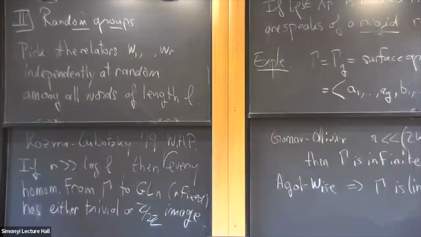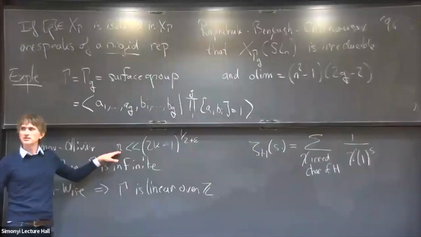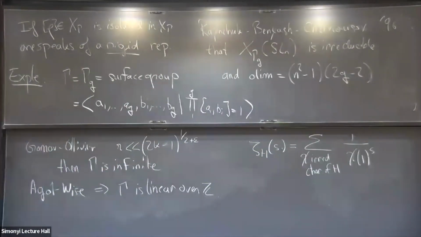About property T: you can get property T if you have sufficiently many relations, at least one third.